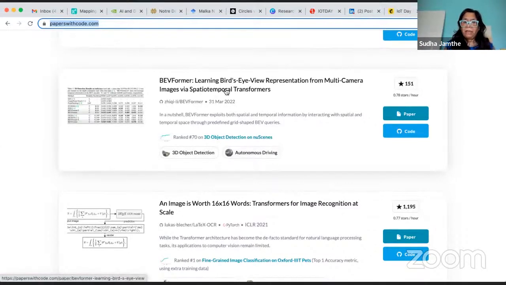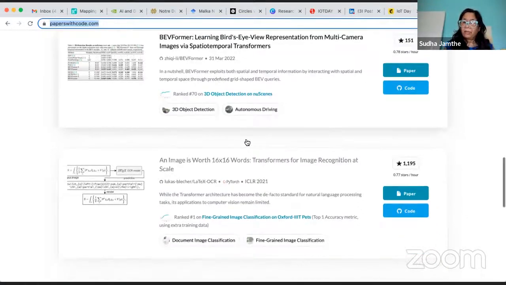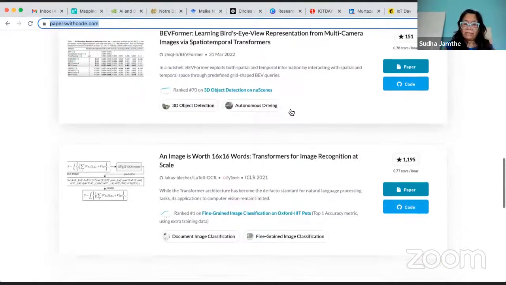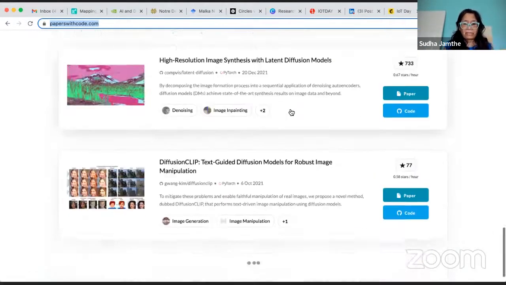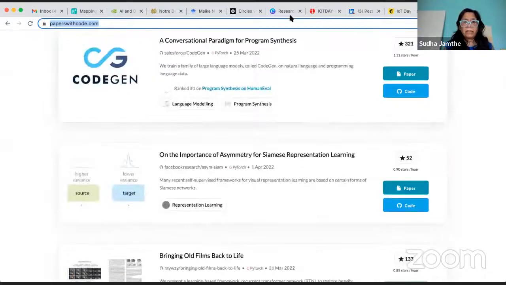So here it is talking about learning bird's eye view representation from multiple cameras with spatio-temporal transformers. So what does that mean? What does the spatio-temporal transformer mean? Then I could go look at this paper and at how it does 3D object detection from a self-driving car perception space. So this is one resource.